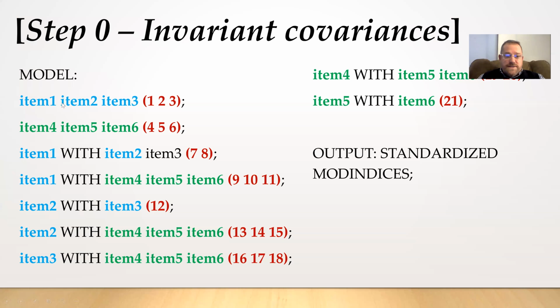Then we just list the item names here. That is setting the unique variance for each item, by listing item 1, 2, and 3, and then giving those parameters the labels 1, 2, 3.